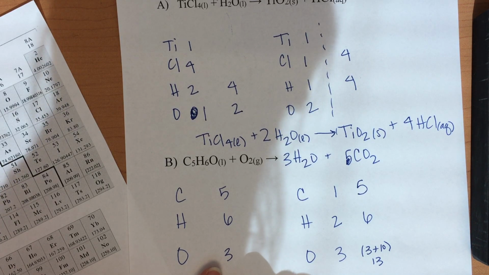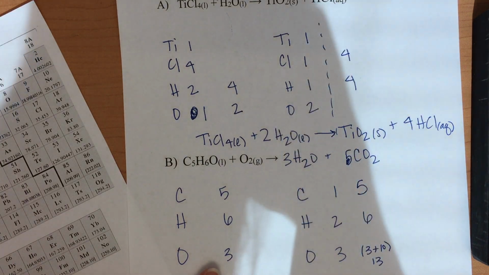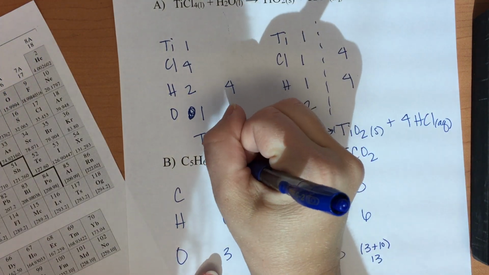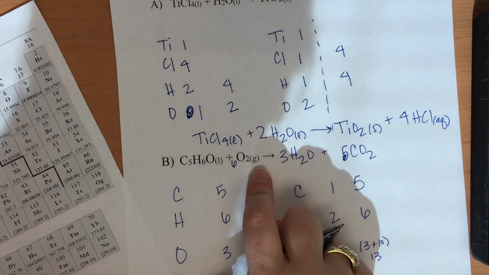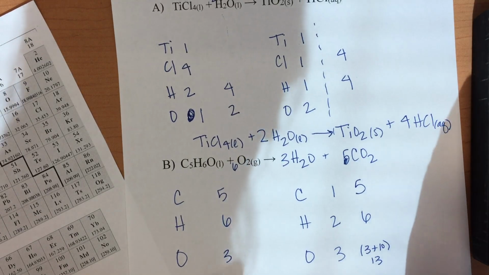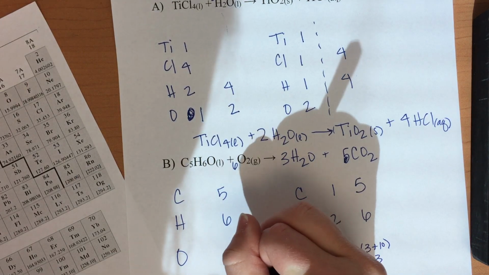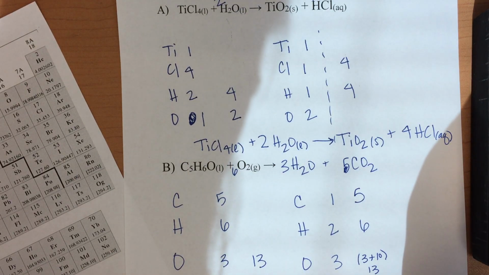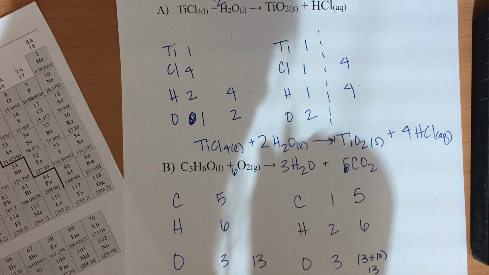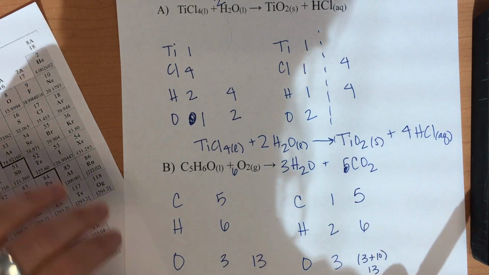So we can add a 6 here, which would give us 12 plus 1. And so now we do have 13. So that looks like a balanced chemical equation.